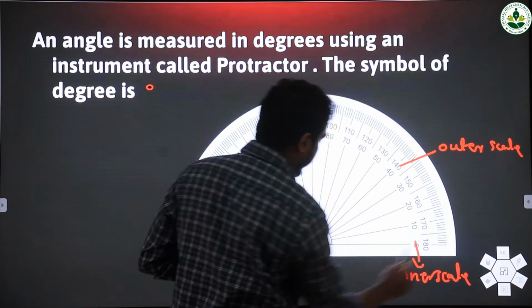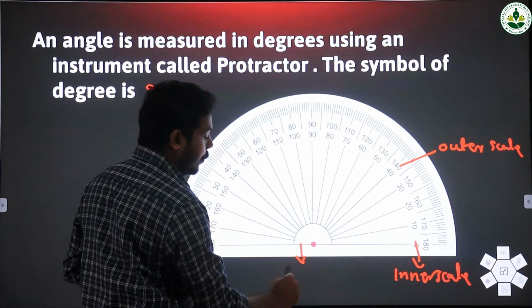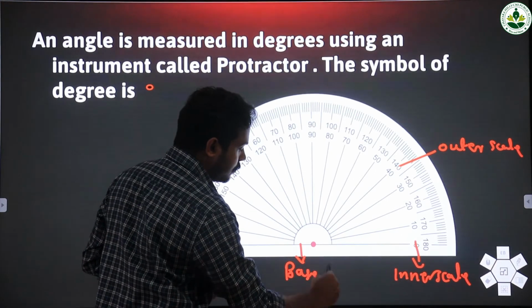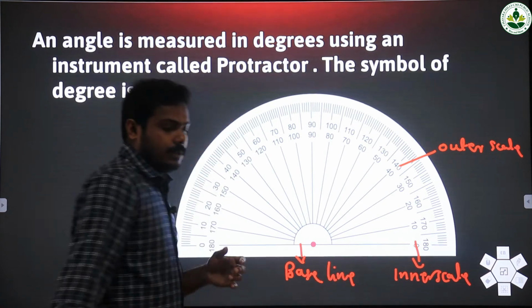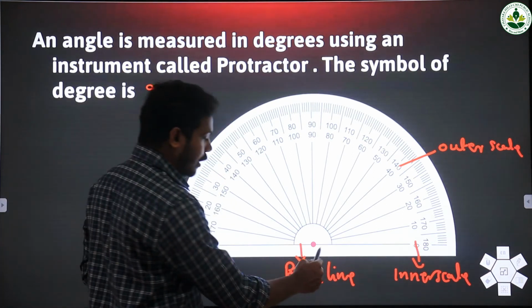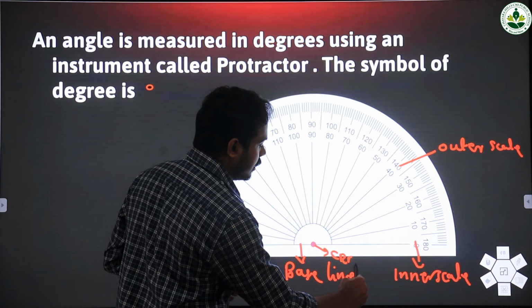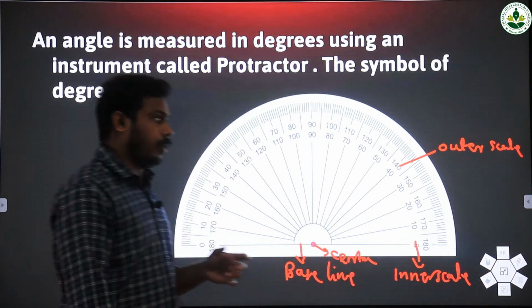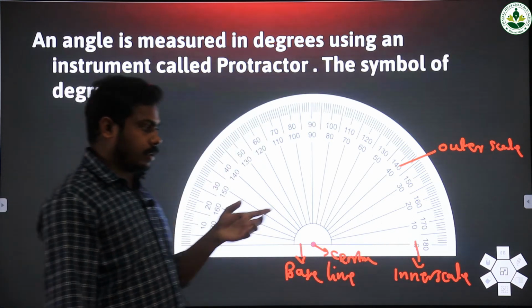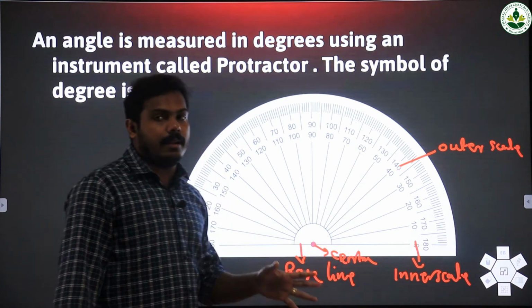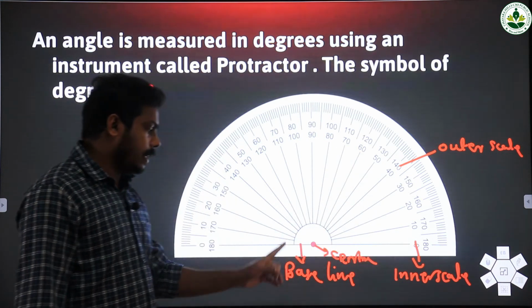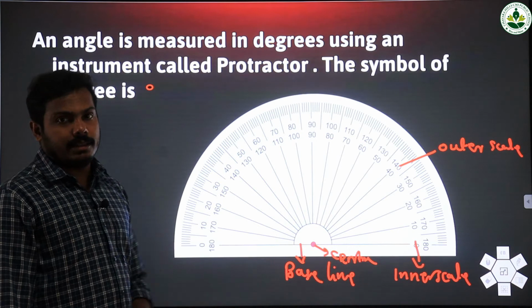Then you can see one baseline. This is the baseline. Then the center. This one is the center. So in the protractor there are four things: outer scale, inner scale, baseline and center.